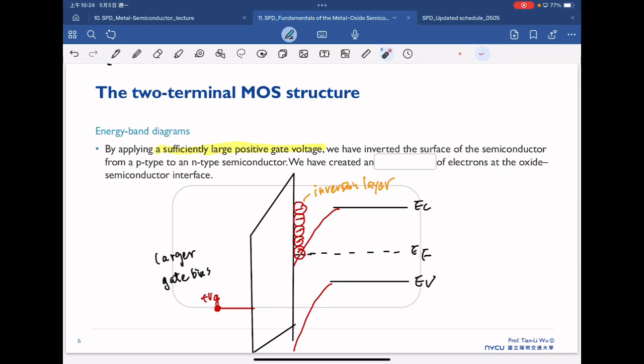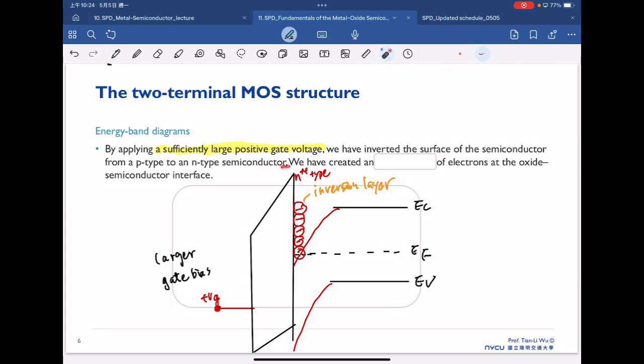So by applying a sufficiently large positive VG, we have inverted the surface of the semiconductor from P-type to N-type. Actually this is not just N-type, it is N++ type at this surface.